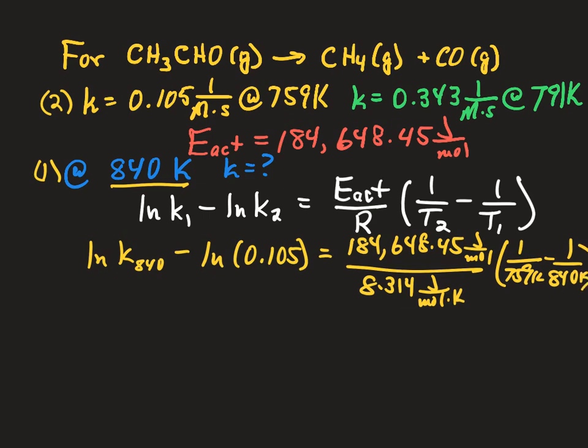And so we've got our equation. We just have to now solve for the natural log of K. If you work out the math, which you should be able to do, you should be able to do that algebra, you get that the natural log of K at 840 is equal to 5.0754.